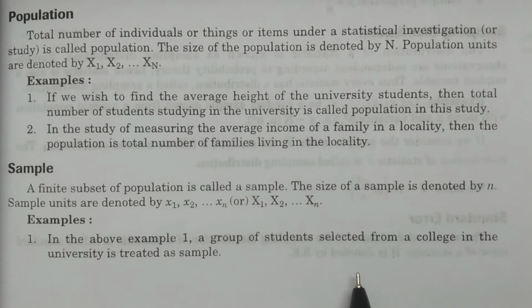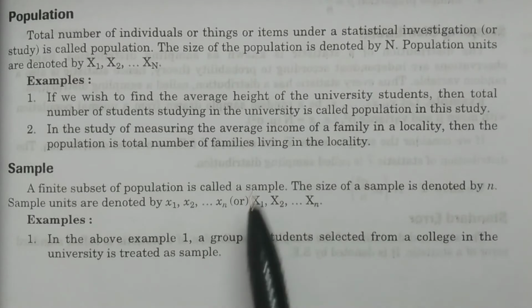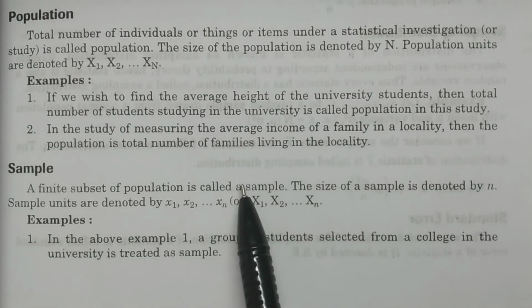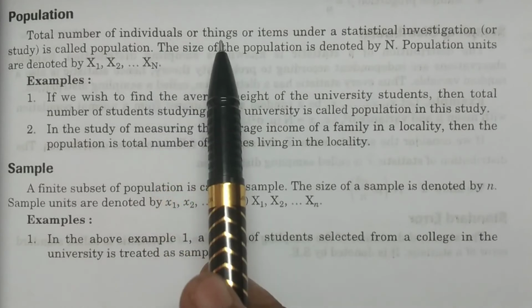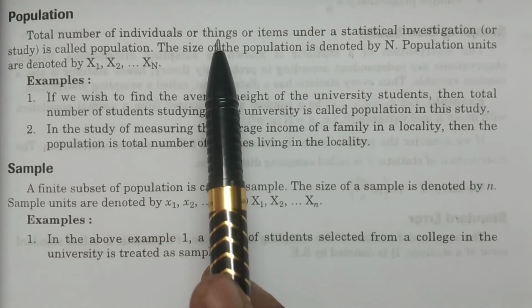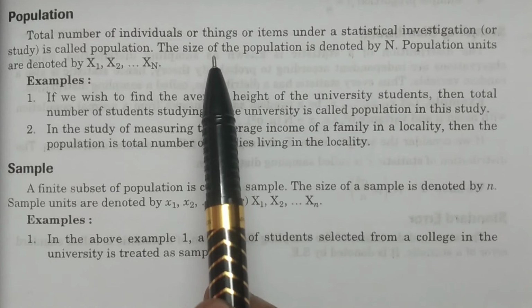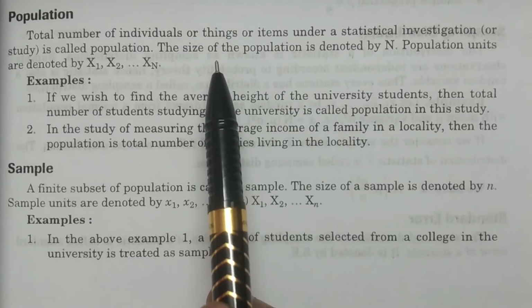X1 is one individual, X2 is another individual, and Xn is another individual. Since the point of view is national income, those who are earning are the population units.